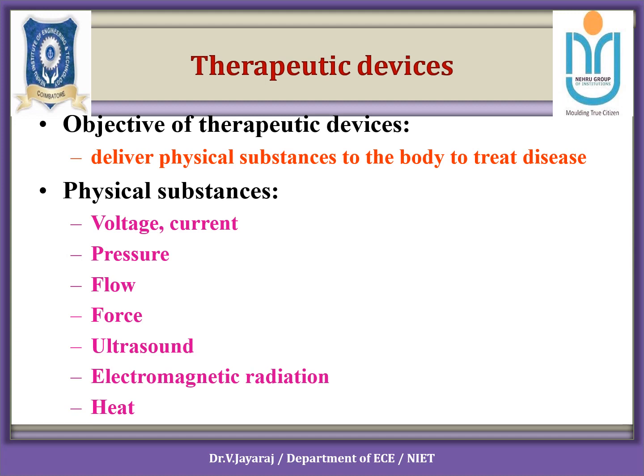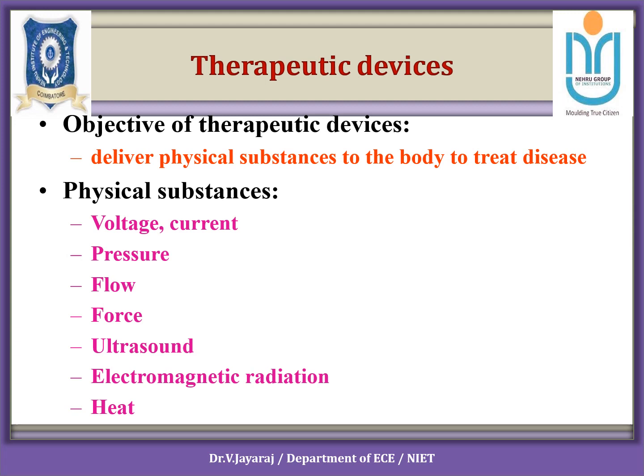Then electromagnetic radiations. People who are affected by some type of cancers will have some therapy. For them, electromagnetic radiations will be passed. Based on the intensity of cancer, the amount of radiation will differ. So these are instruments used for therapeutic purposes.